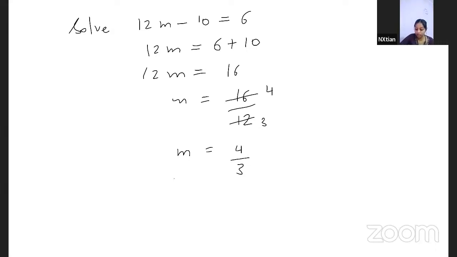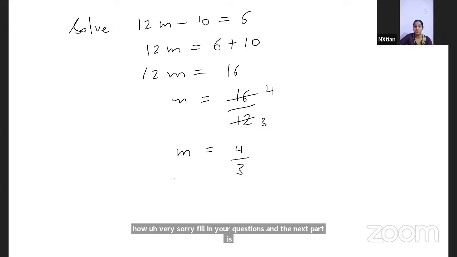Okay, now this is the part where we learned how we solve the equation, how we solve linear equations. And the next part is how we verify these equations. Okay, the verification part. Now, suppose I have a question.